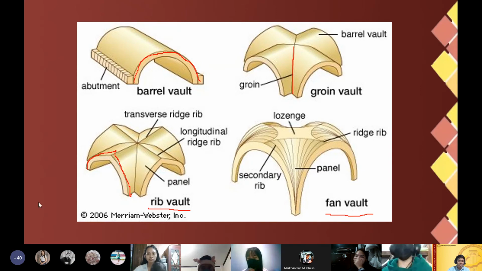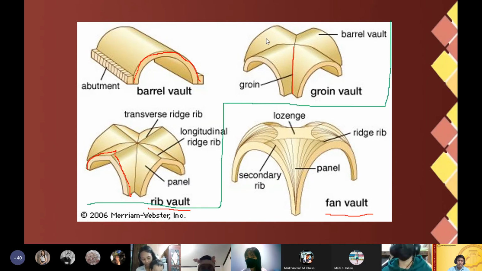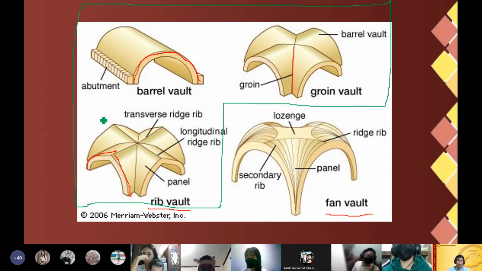So again, you can see barrel vault, groin vault, and rib vault in Romanesque architecture. In Gothic architecture, that's where you'll see the fan vault. So here, secondary rib, panels, and so on and so forth. We will discuss this fan vault later on during Gothic architecture.